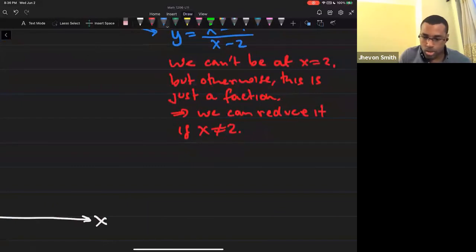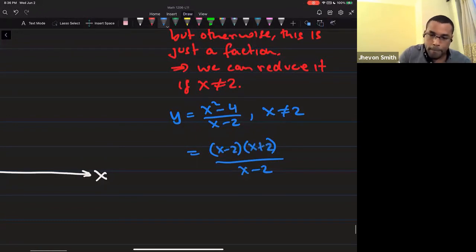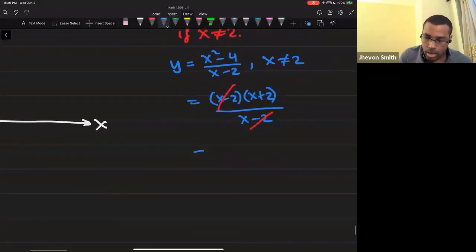So what you would do is, all right, I have x squared minus 4 over x minus 2. And I know that x cannot be 2. So what I can do is factor, and that's going to cancel. And I would get this as long as my x is not equal to 2.